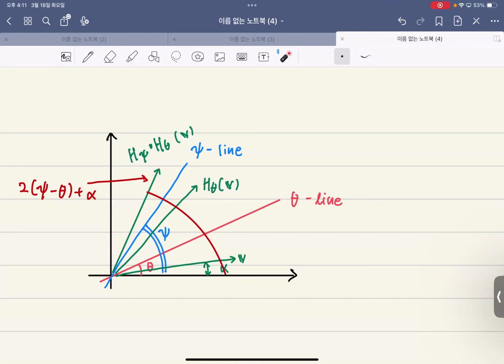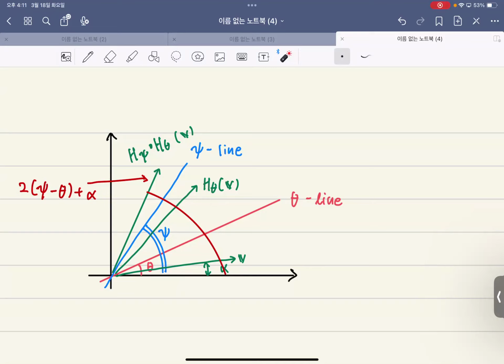So if you apply H theta and H psi, that is effectively the same as a rotation by 2 times (psi minus theta). This is my first explanation why the composition of two reflections is the same as a rotation.